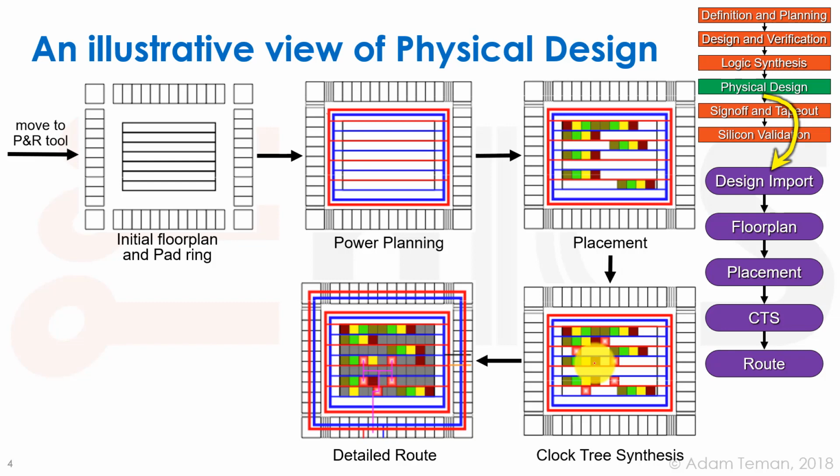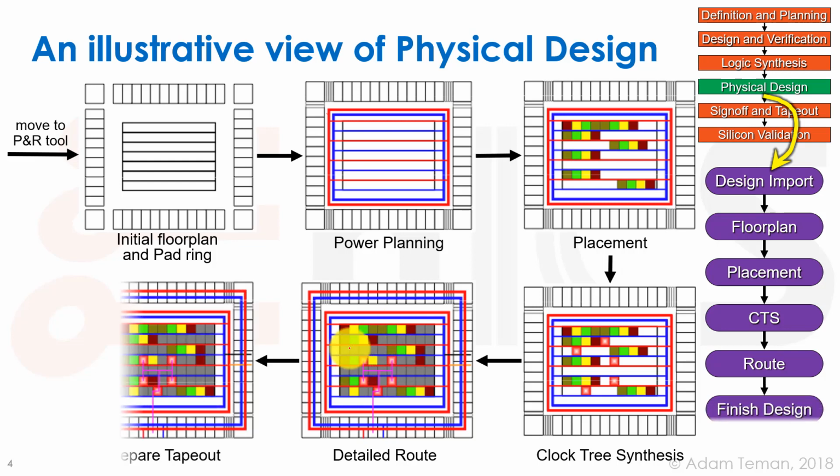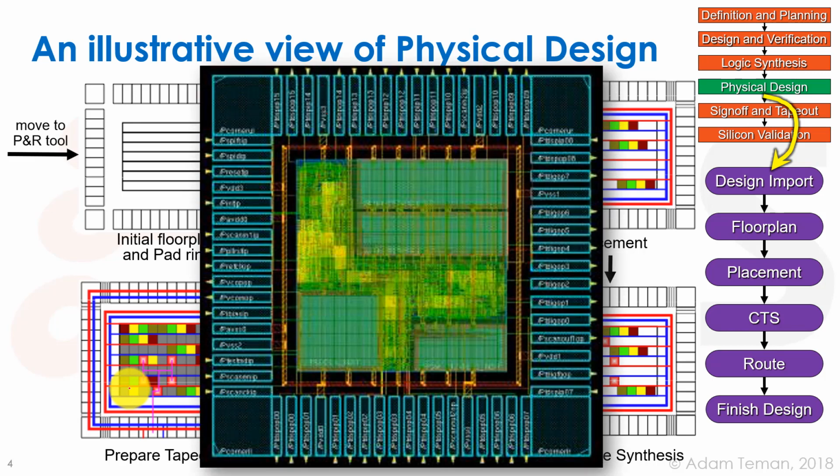Okay, now that we have all of our elements basically in place, we can go on to what we call detailed route, where we actually go and connect nets to every single part. And finally, we can prepare the tape out, we can add the filler cells, we can do all kinds of other things, do checks and so forth, and be ready to go. And what we'll get in the end is something that looks similar to this picture over here.